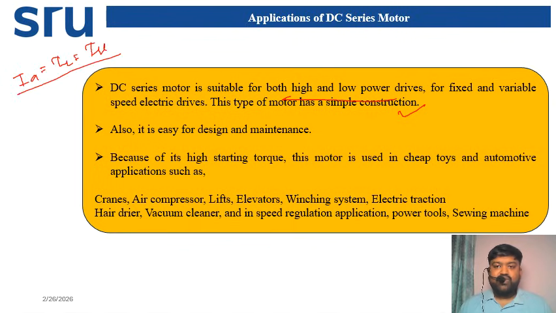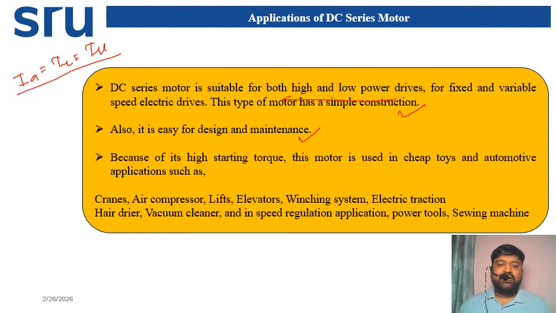So you can use it for both high and low power drives, anywhere. It is also easy to design and maintain. Why is it easy? Because it is simple in construction, as all the parameters are connected in series.